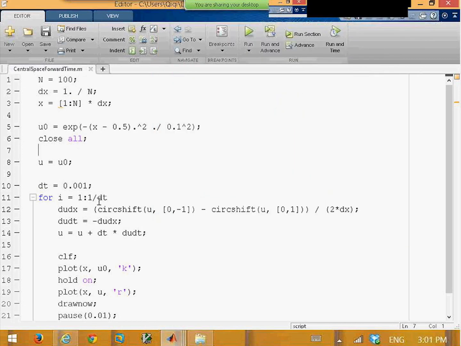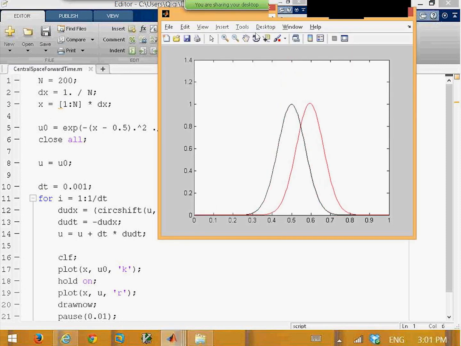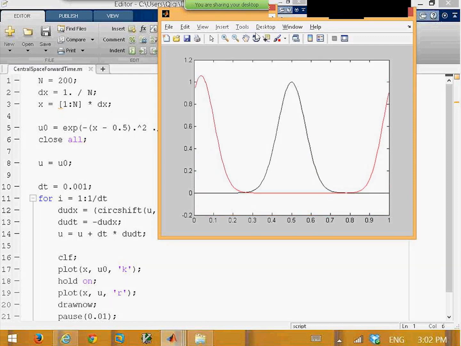We can also see that the solution is going to get better as I make my grid finer. Instead of 100, let's do 200, and we run the same thing. It's going to be slower, but the rate of growth is not going to be as severe as in the 100 case.